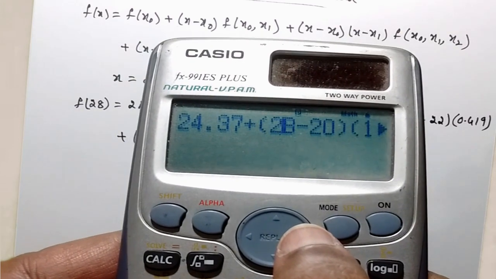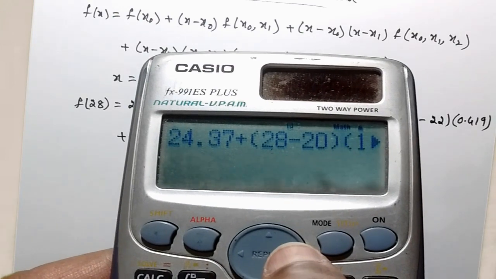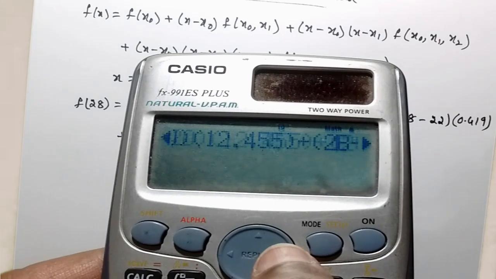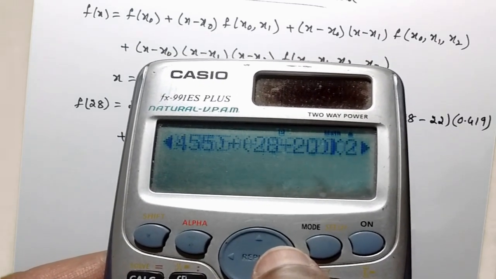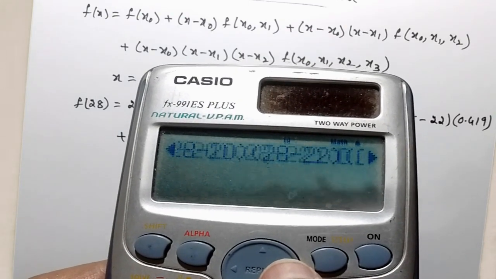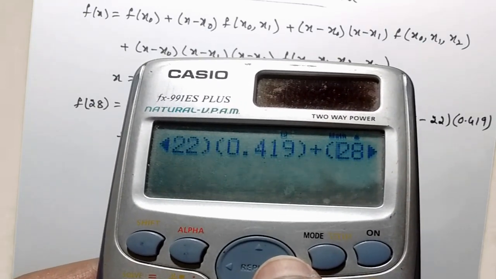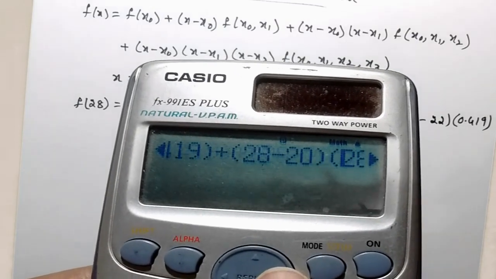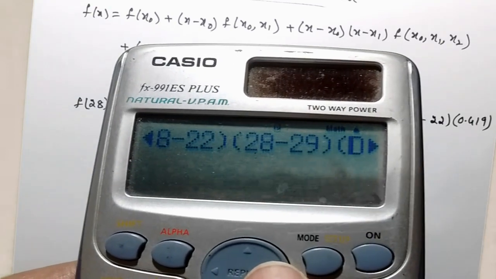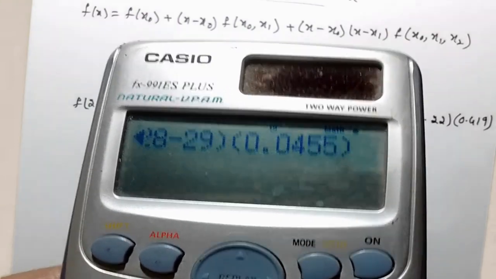Let's see what I have typed over here. It is 24.37 plus 28 minus 20 into 12.455 plus 28 minus 20, 28 minus 22 into 0.419 plus 28 minus 20, 28 minus 22, 28 minus 29 into 0.0455.